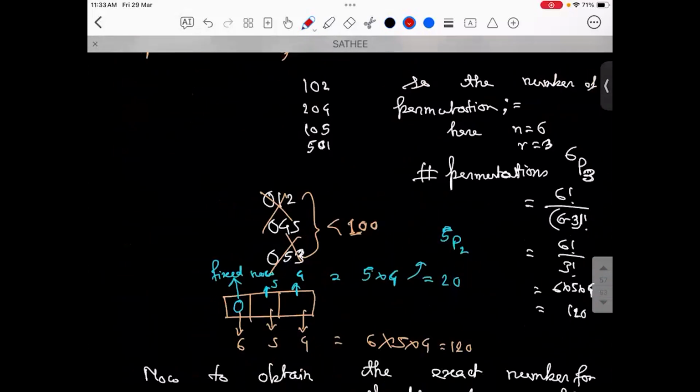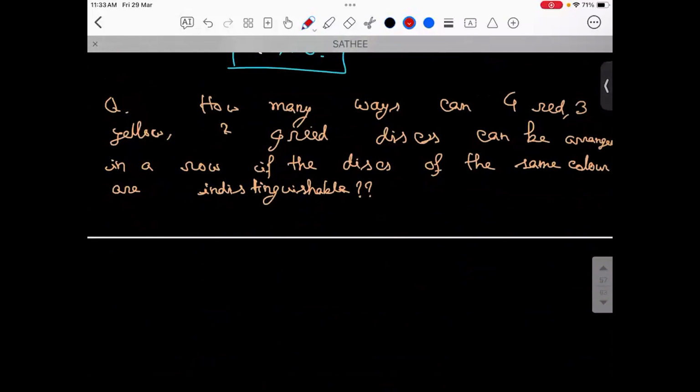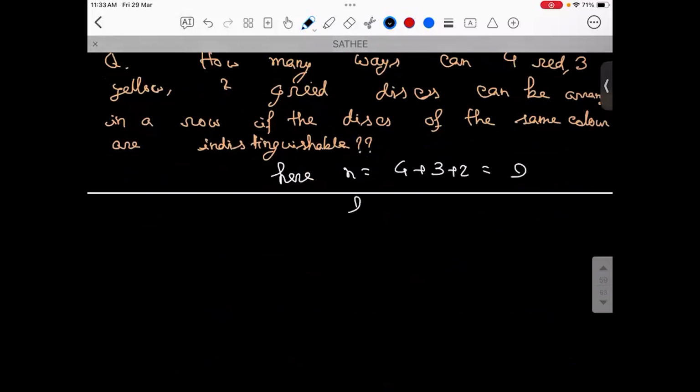What is the total? Total n equals 4 plus 3 plus 2, which equals 9.